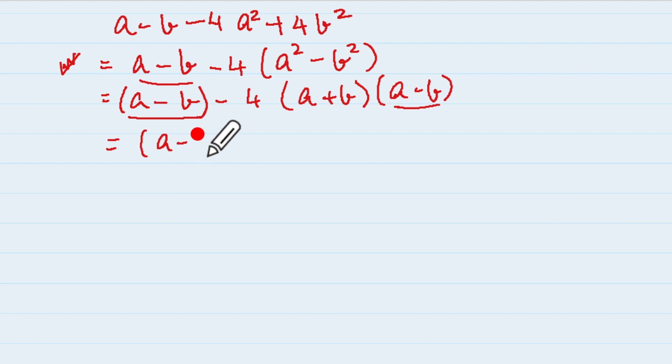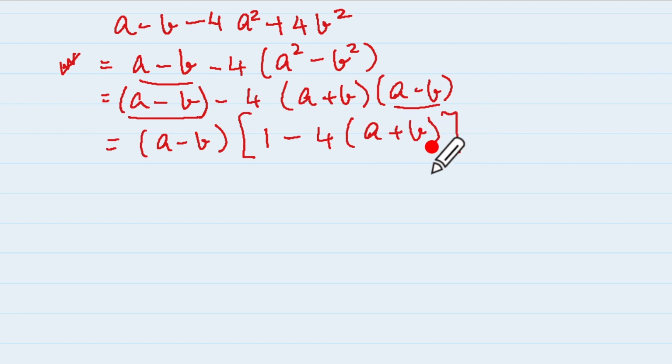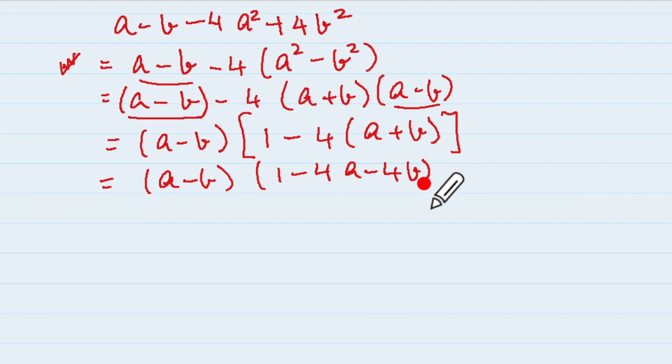And a minus b I'll take common, and in the second bracket for this I'll write 1 because this is out of this, minus from here a minus b is out, so minus 4 into, got that? And that would give us, and that is our answer.